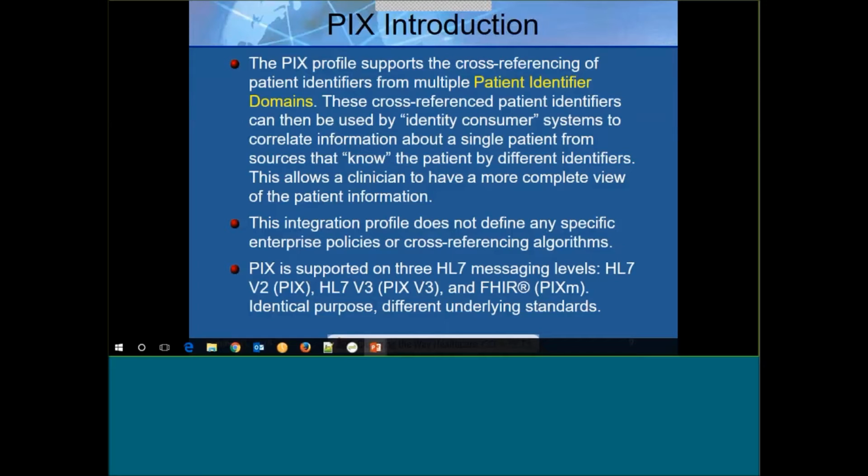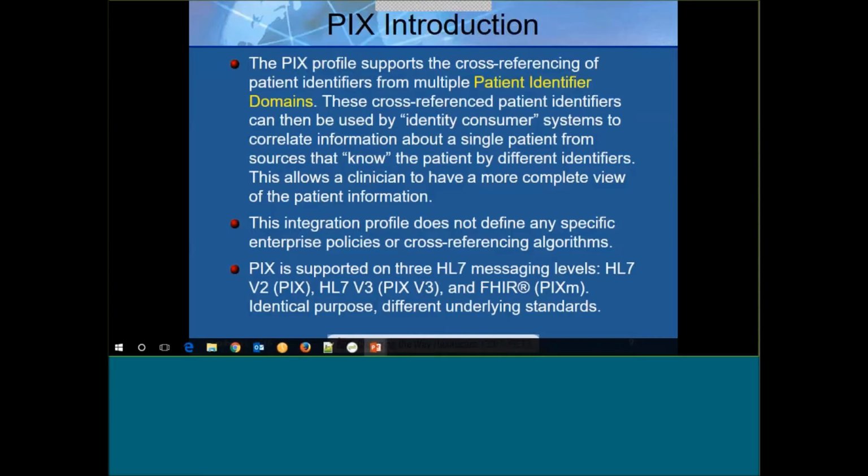If I get a feed from System A and it contains Ben Levy with certain demographics, and my feed from System B also contains Ben Levy with certain demographics, which pieces of demographics do I use to tie those two patients together and claim that they're the same patient? That is left outside the scope of the PIX profile. That is left up to local negotiation based on local policy.